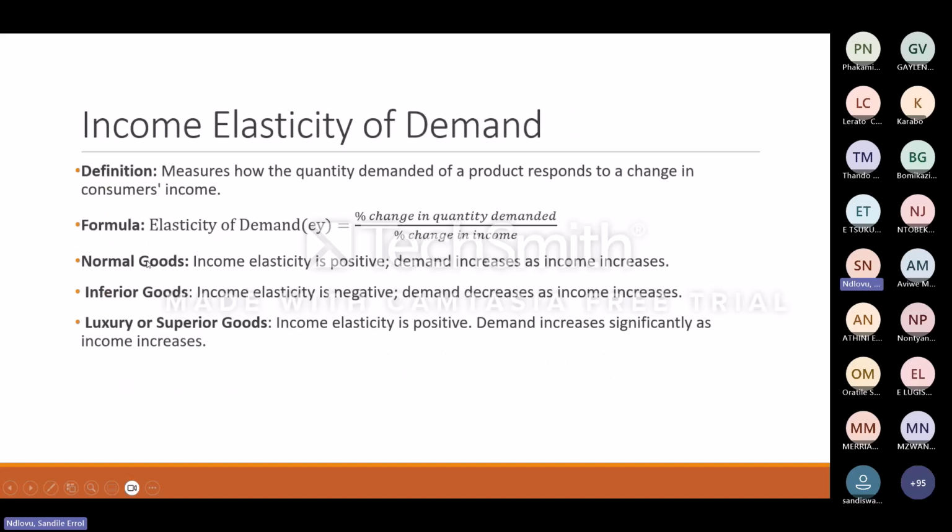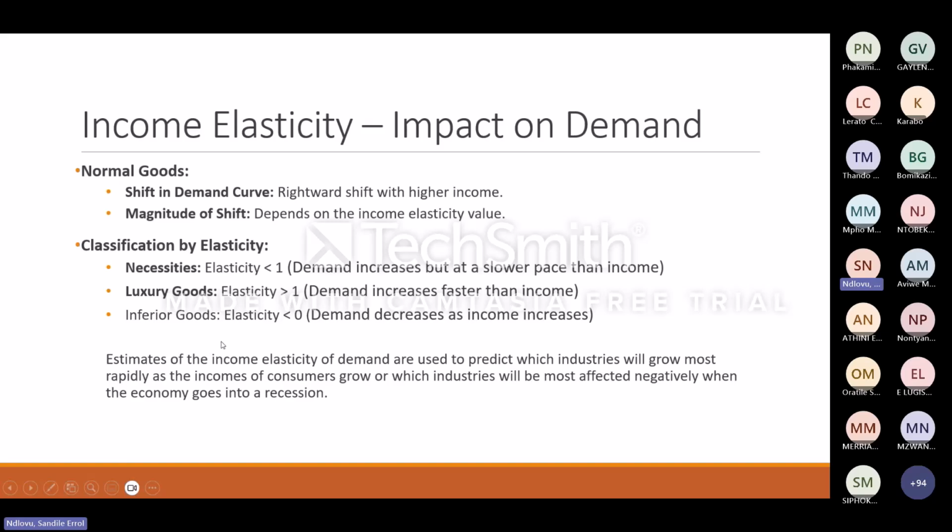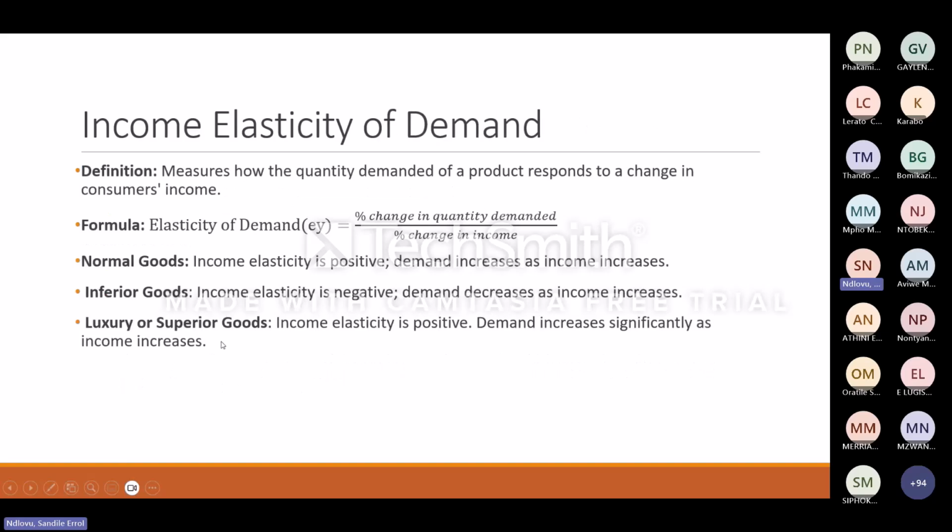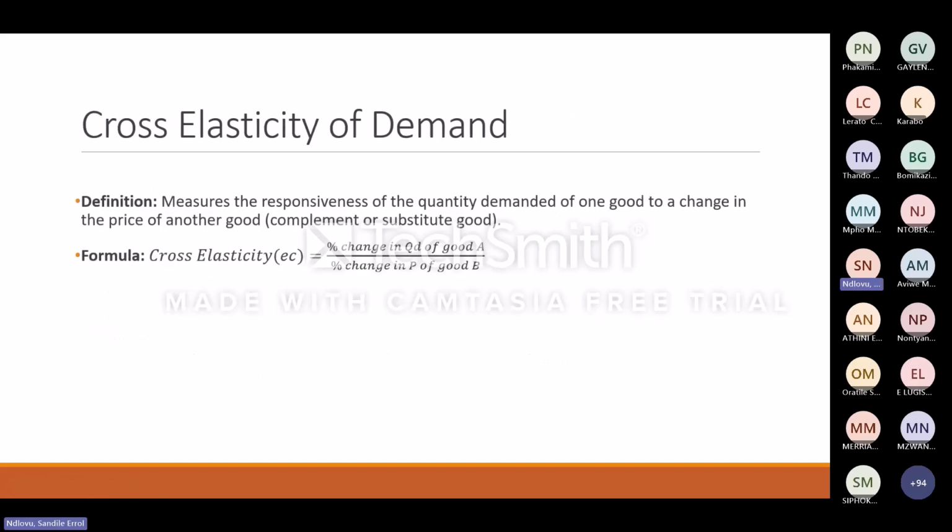I can't edit this now, or can I? Let me just try. Okay, I can't. But I was just trying to point this out. This is about income elasticity, right? And this is now about cross elasticity, which measures the responsiveness of the quantity demanded of one good to a change in the price of another good, complement or substitute good.